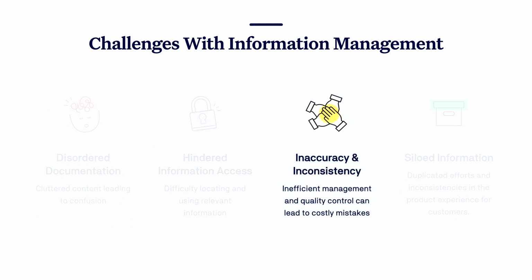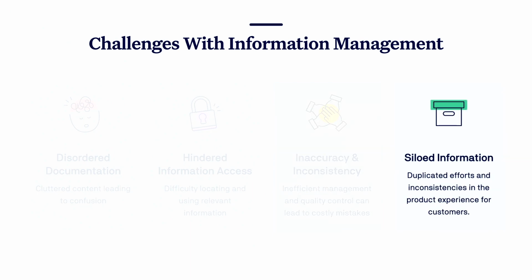Then we have inaccurate and inconsistent information. And inefficient management and quality control usually results in costly mistakes, especially if you are working in regulated industries. And finally, with larger teams and chaotic information come information silos, which cause duplication of efforts and inconsistencies, which eventually leads to a bad experience for the team and the customers.